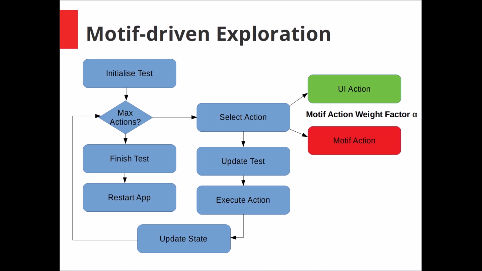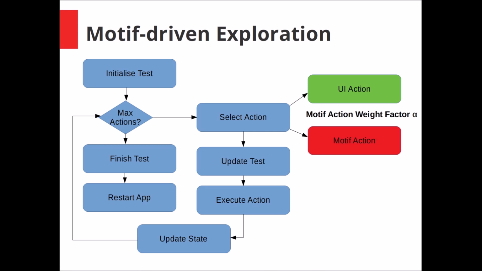Once the test is complete, we perform some post-processing steps like storing the coverage of the test. Then we restart the app under test to ensure a clean state for the next test.